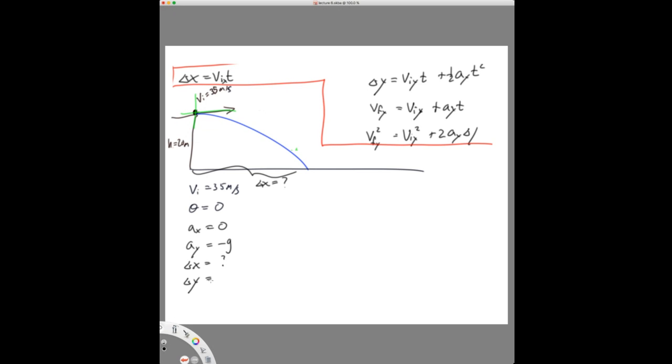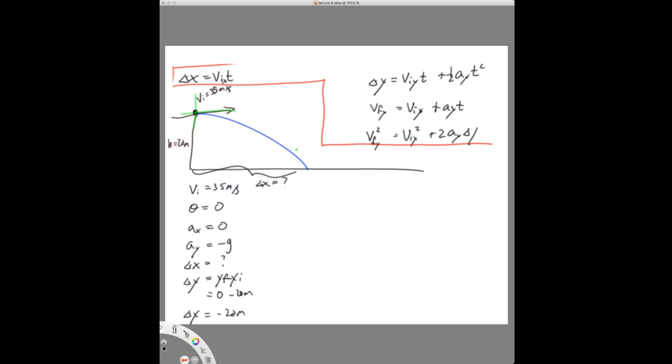Is it negative 20? It is negative 20. So it's negative 20 because it's going downhill. Remember, delta y is y final minus y initial, which would be 0 minus 20 meters. So we can say delta y equals negative 20 meters. This would be true even if this thing starts out going up. Its final height is 20 meters below its initial height.